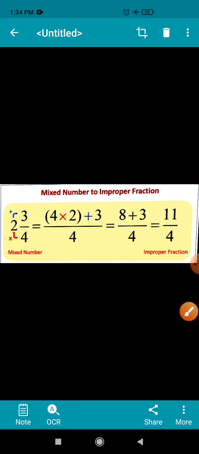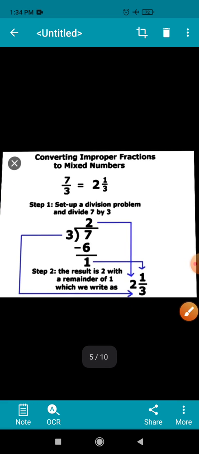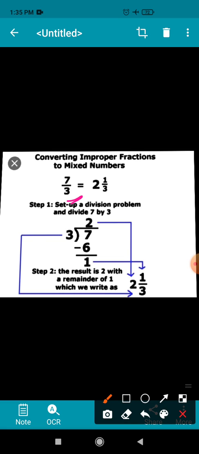Now, let us know how we can change an improper fraction to a mixed fraction. Children, improper fractions are the fractions in which the denominator is less than the numerator. To change an improper fraction into a mixed fraction, we divide.